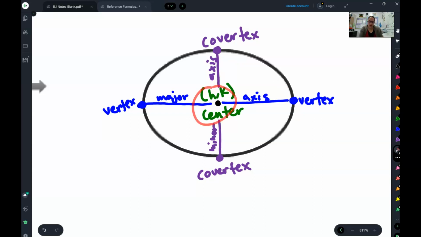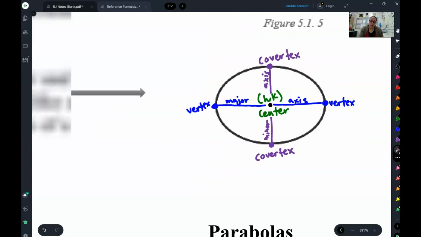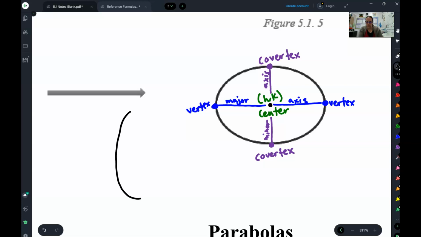Your center, your major axis, your minor axis, the vertices are on the end of the major axis, the covertices are on the end of the minor axis. Now, please keep in mind that all of these will change if your ellipse looks something like this. Your center is still in the middle.